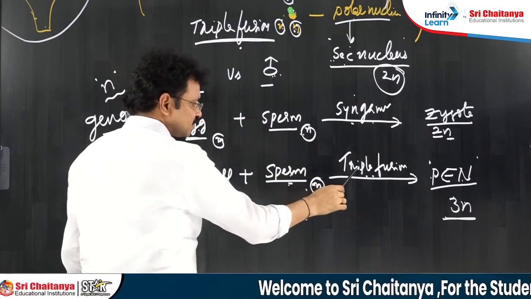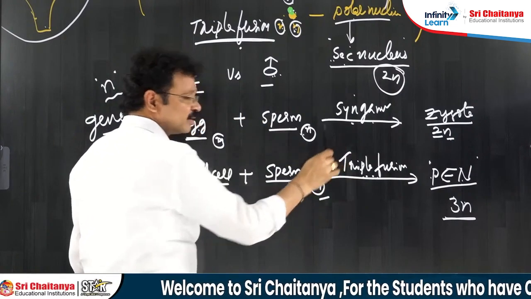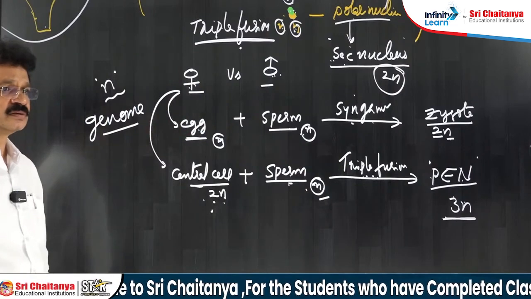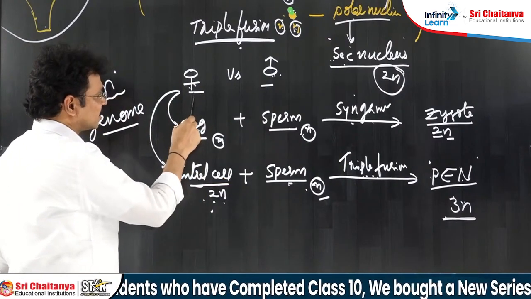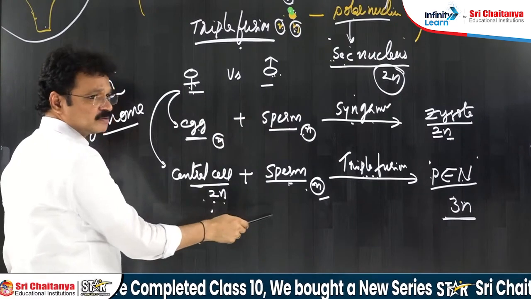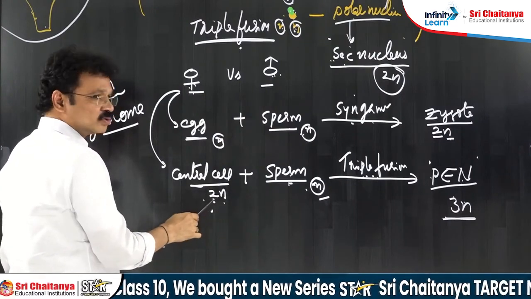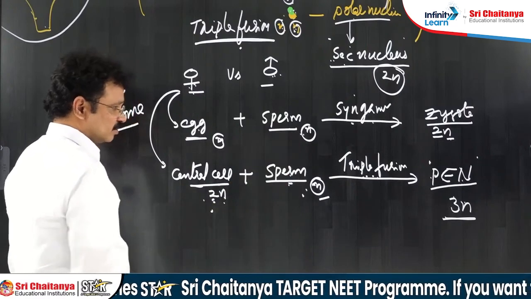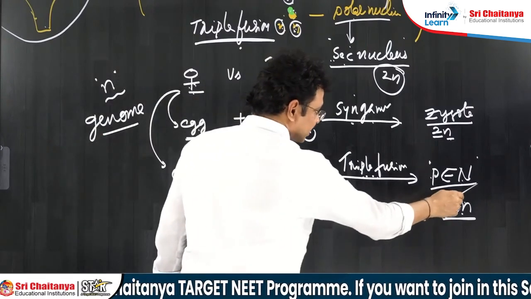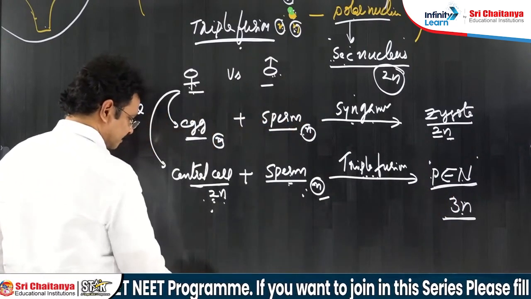What about the number of genomes involved in triple fusion? Yes, 3. In the 3, the ratio of maternal and paternal genomes is maternal 2, paternal 1, total 3 genomes. It is about the 3 genomic condition of PEN.